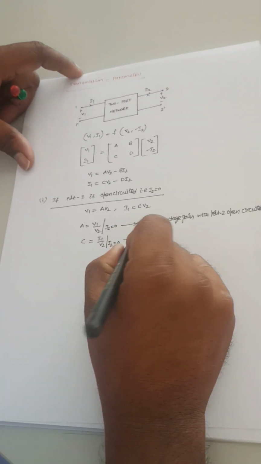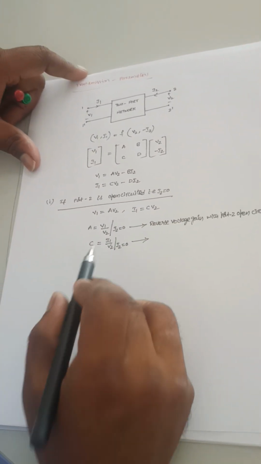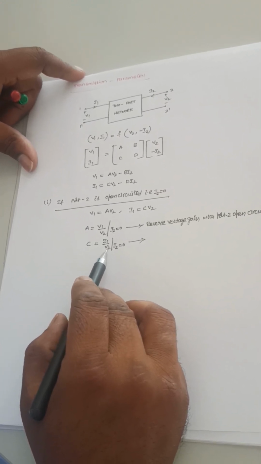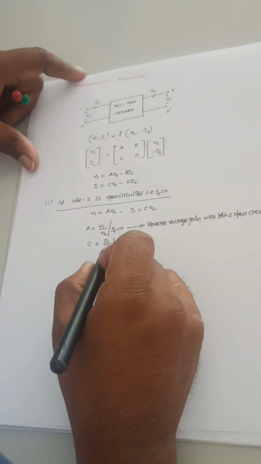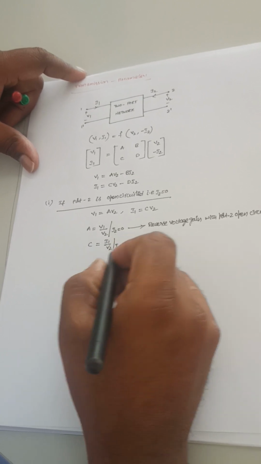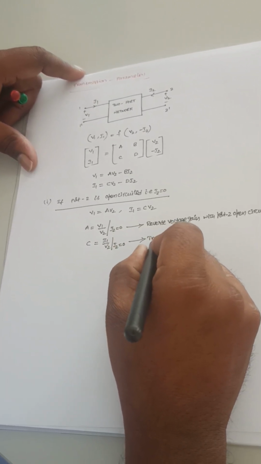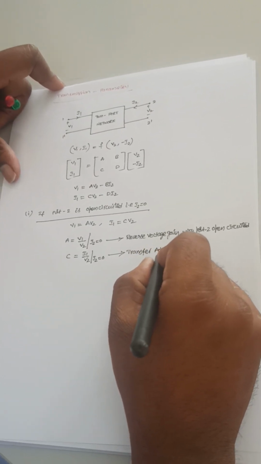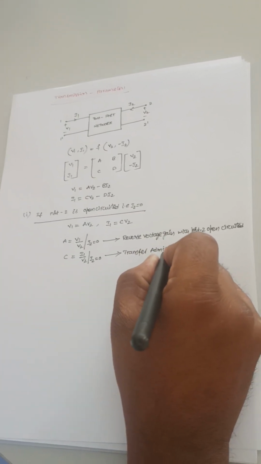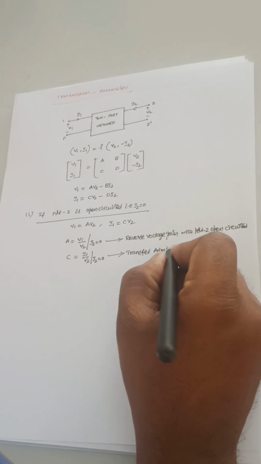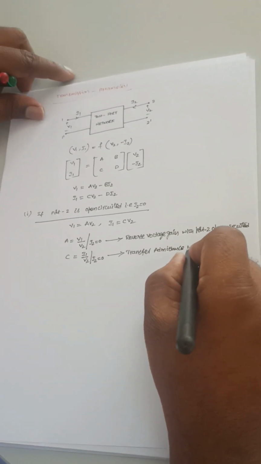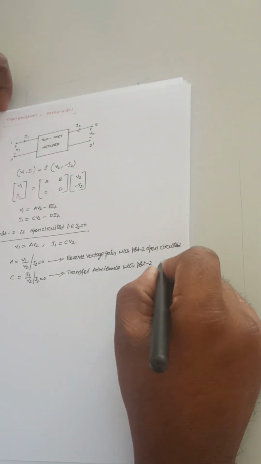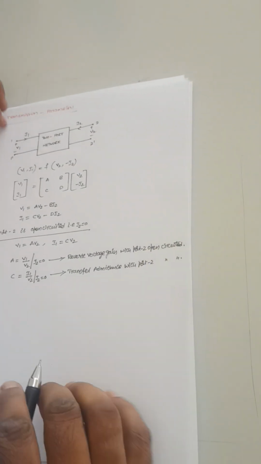Now this C is I1 by V2. I by V is nothing but admittance, and since it is I1 by V2, it is named as transfer admittance with port 2 open circuited.